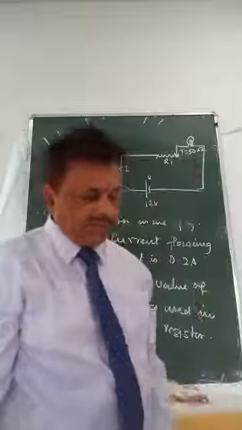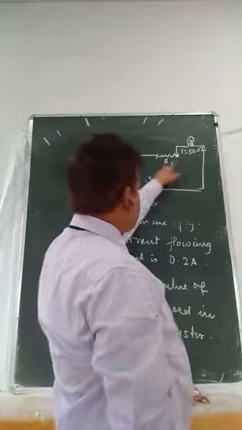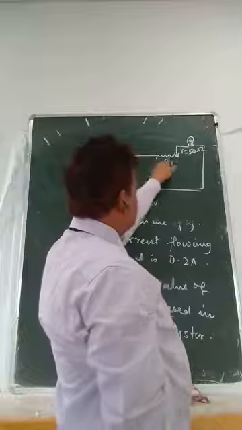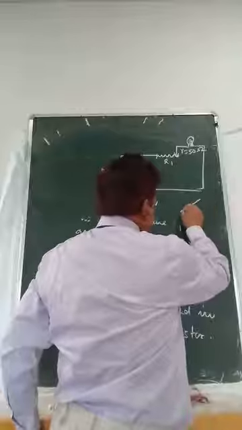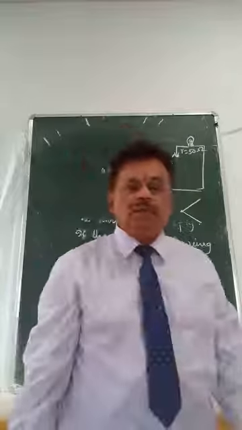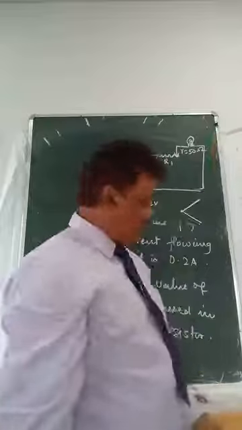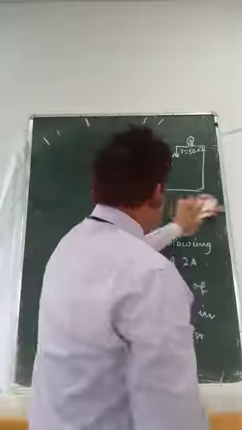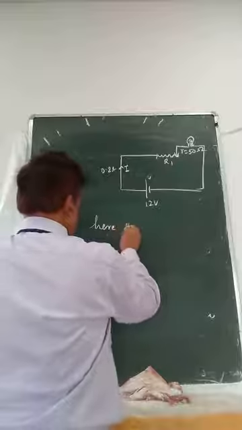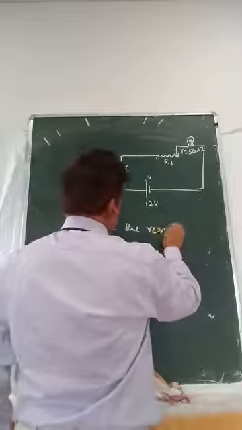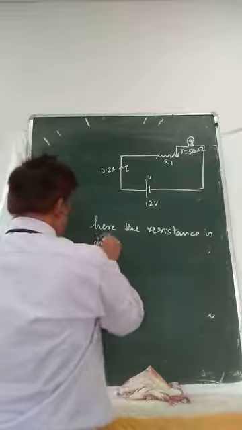Got my point? Now what kind of connection do you find? There is a resistance, again there is another resistance. When the connection is like this, it is called parallel connection, but you never find a connection like this; it is a single piece of wire. So here the resistance is in series.